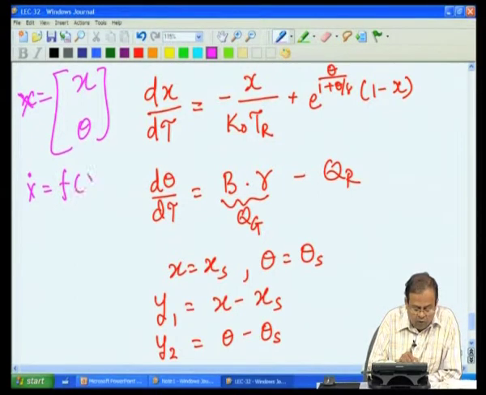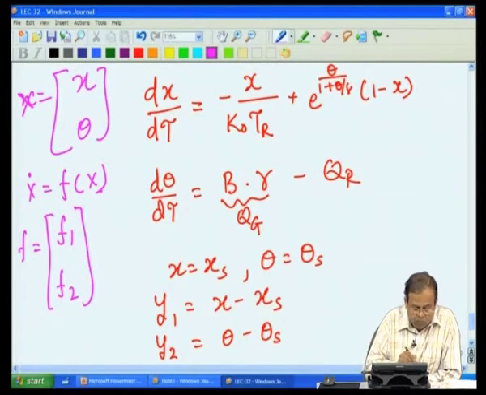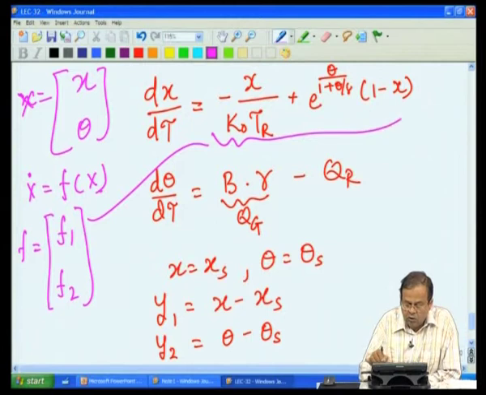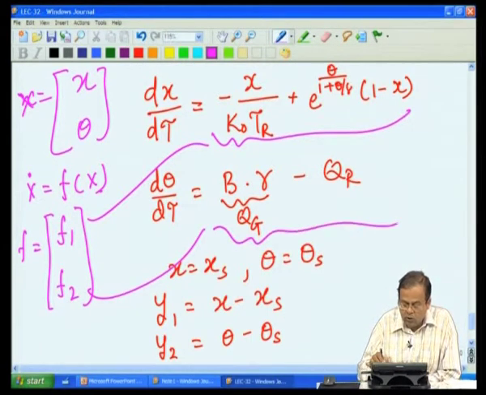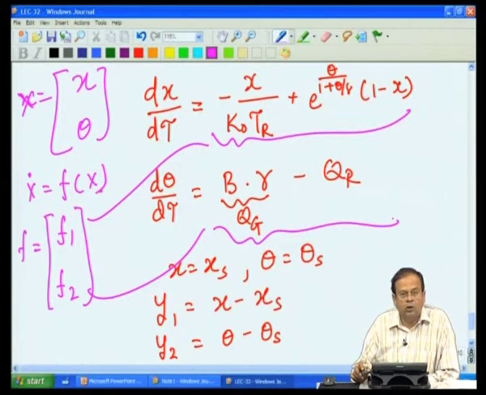Then my x dot equal to f of x, my f will be f 1 and f 2, where f 1 is this whole quantity and f 2 is this whole quantity.